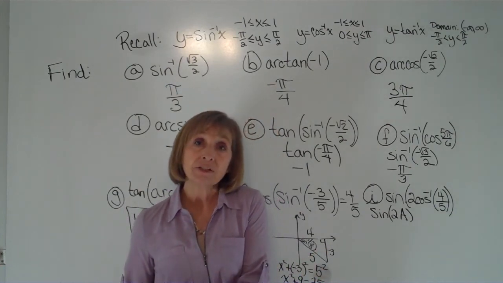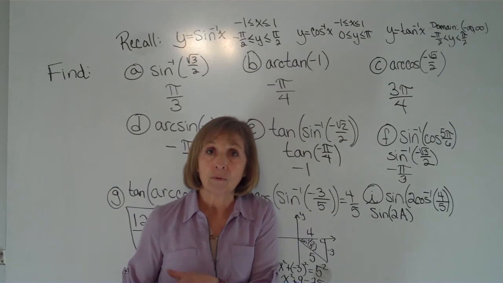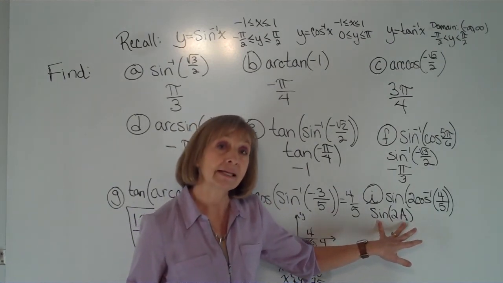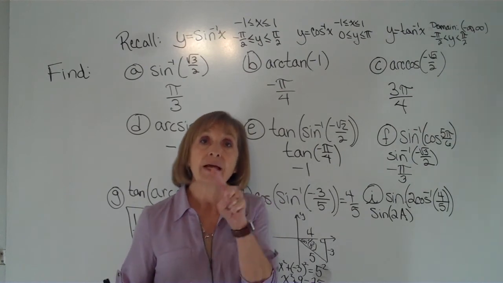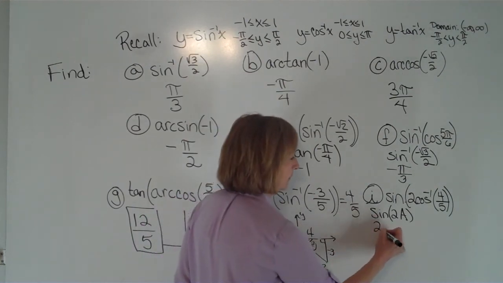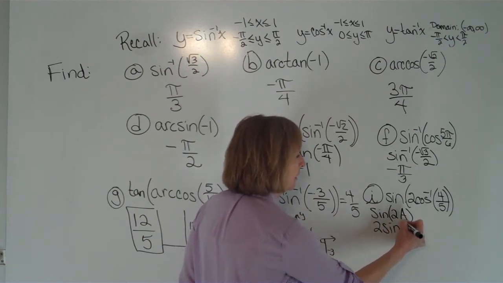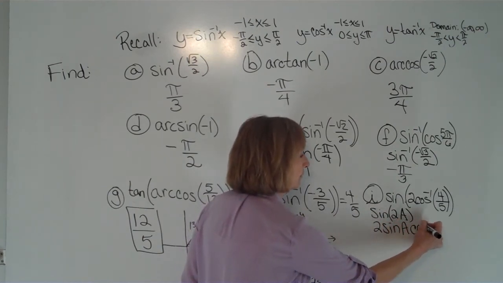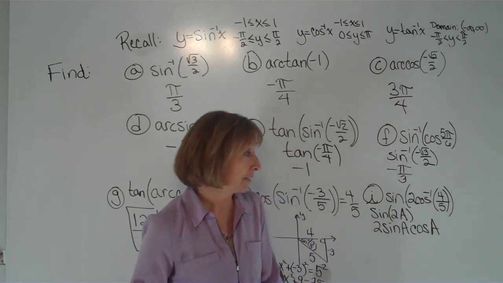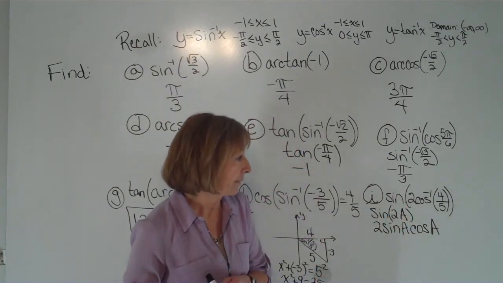And you can look back to your trig identity rules, or remember that the sine of 2 times an angle is 2 times sine the angle times cosine the angle. So 2 sine A cosine A is the identity that we need to use for this particular thing.